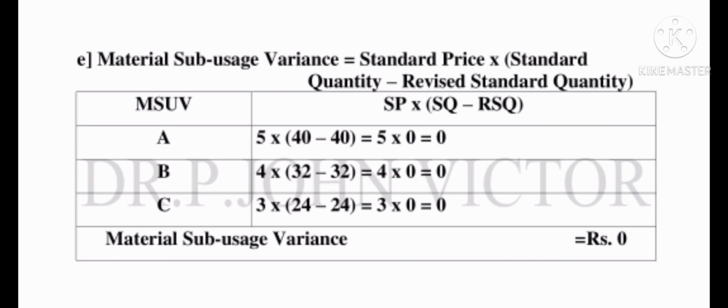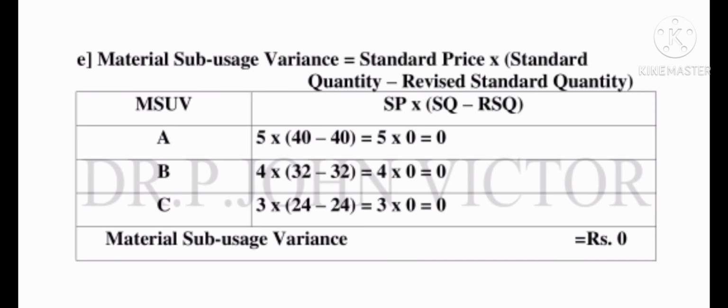So 40 minus 40 is 0, so 5 into 0 is 0. Then product B, 4 is the standard price into standard quantity 32. The revised standard quantity as per the previous calculation is 32. So 32 minus 32 is 0, that means 4 into 0 is 0.